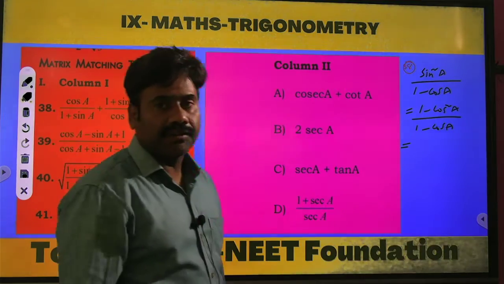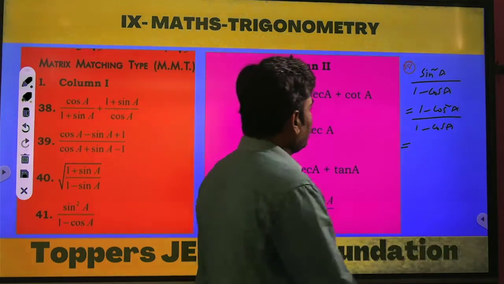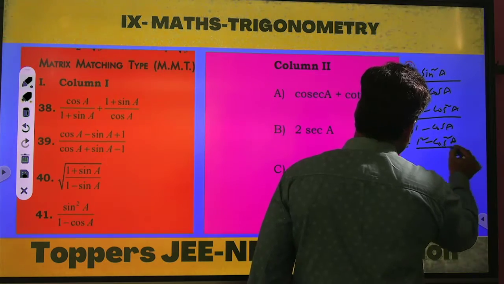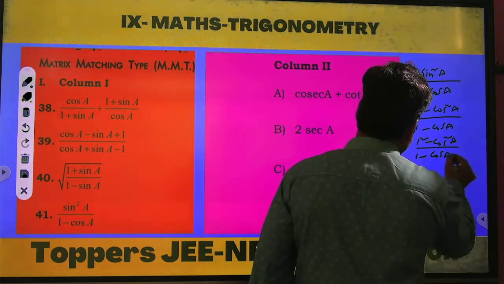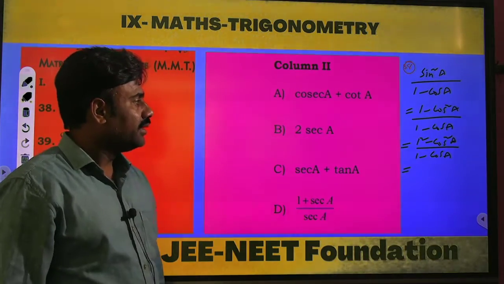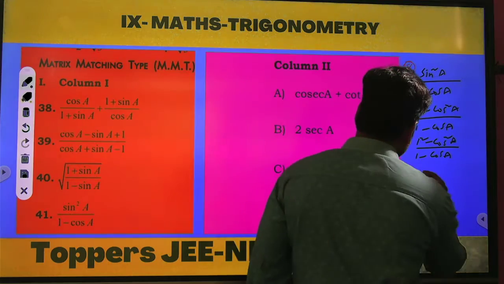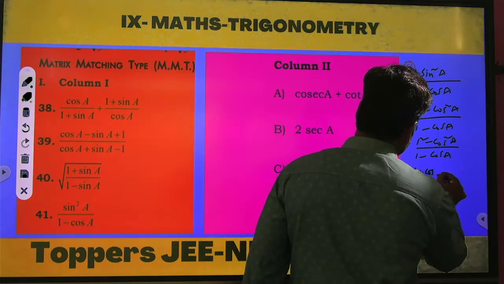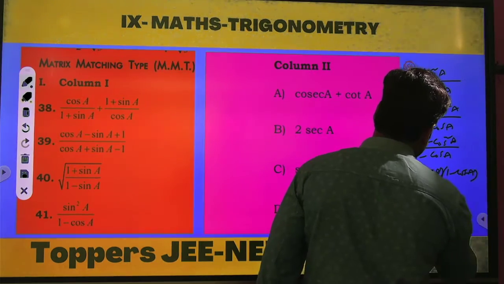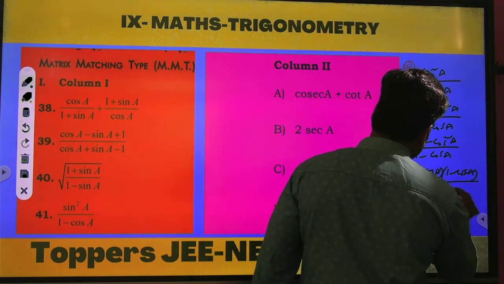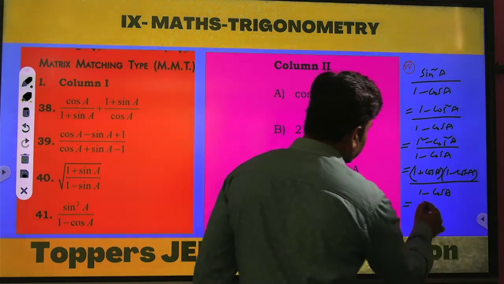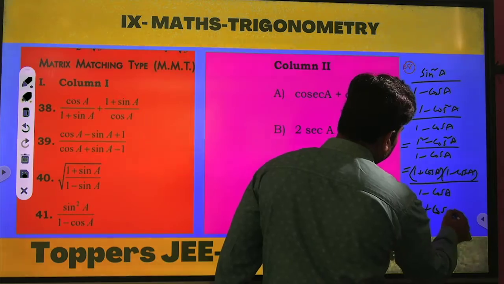For my convenience, I will write 1 as 1 square, then it becomes 1 square minus cos square a by 1 minus cos a. Again, numerator is in the form of a square minus b square. It can be written as (a plus b) into (a minus b), means (1 plus cos a) into (1 minus cos a) by 1 minus cos a. Here 1 minus cos a, 1 minus cos a get cancelled, remaining is 1 plus cos a.